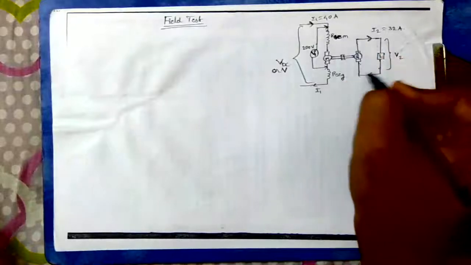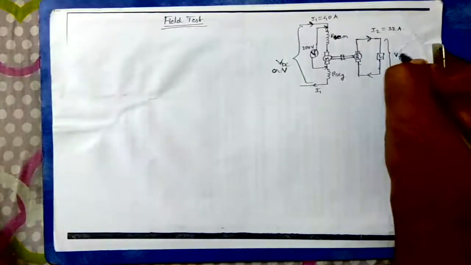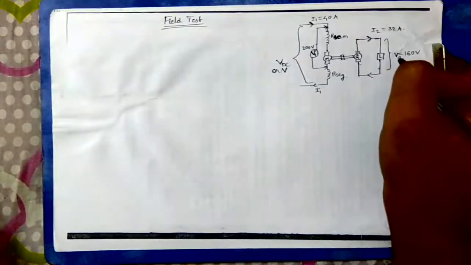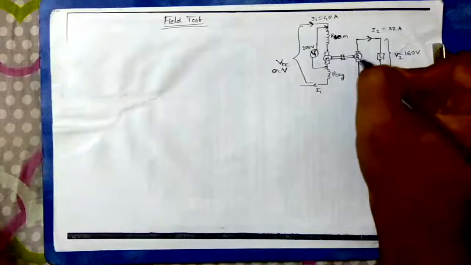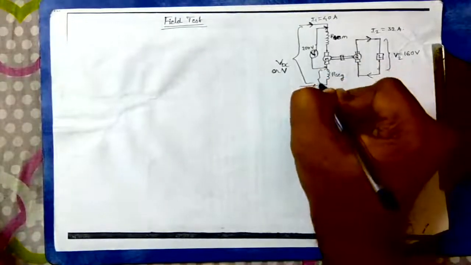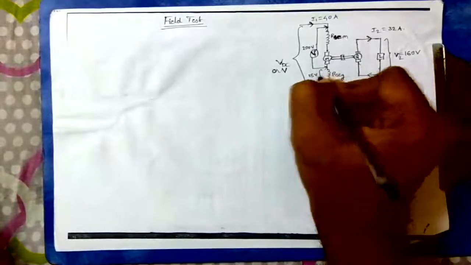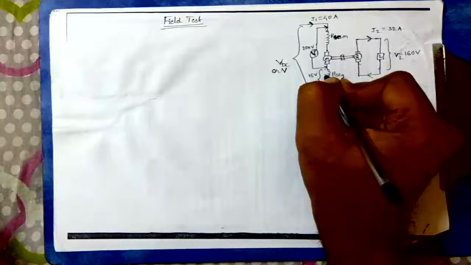The armature voltage of the generator is 160 volt, that is, V2 is 160 volt, as given in the problem. The drop across its field winding, meaning the generator field winding over here, is 15 volt, as given in the problem.